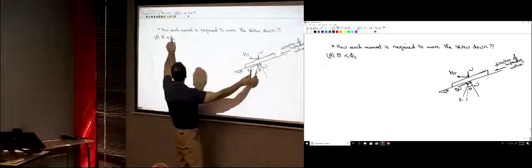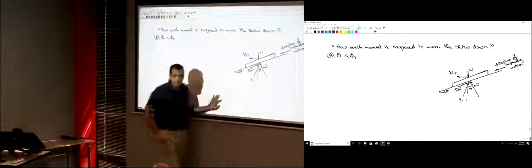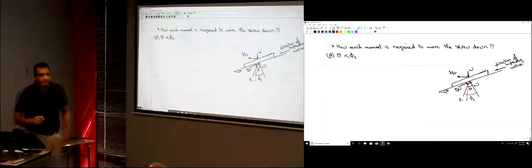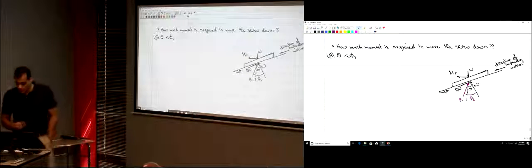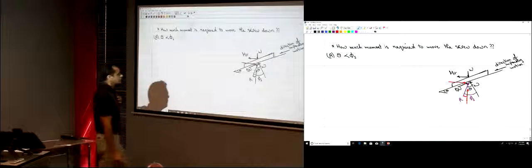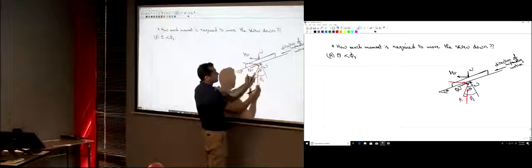Because this is the case where the angle phi_s is larger than theta. So now this angle here is phi_s. It's larger than the angle theta. Now I want to find the vertical and horizontal components of the resultant force R. So how much is this angle now, between the vertical and R?